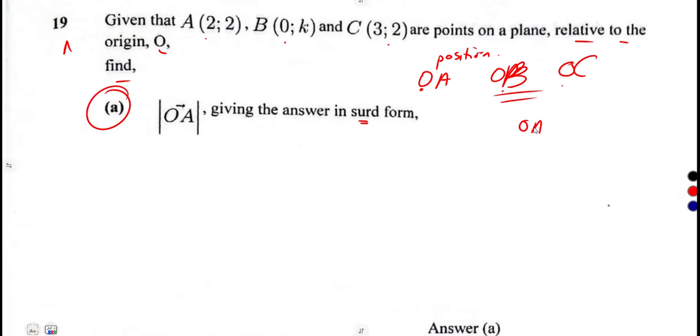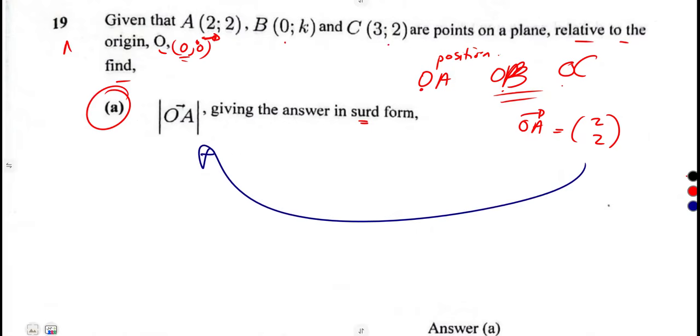So let's start by finding vector OA. OA is simply from that point A, just write it in column form. So that's 2, 2, like this, right? From the origin, 0, 0, it does not affect that. You take the point as it is, all right? So that's our vector OA, but they asked for the magnitude of that.